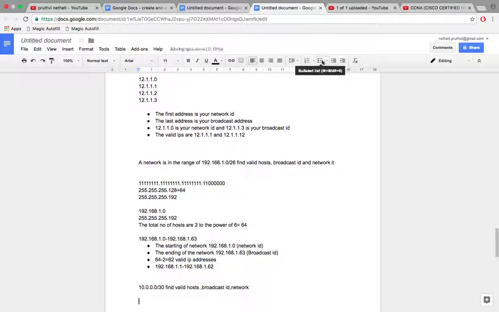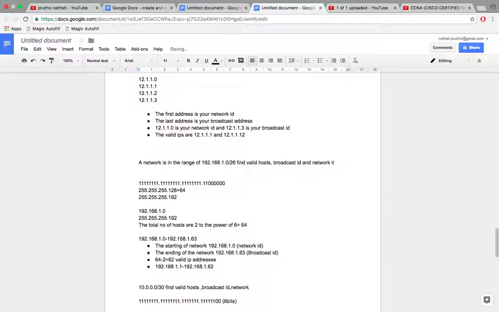The first thing you have to do is represent slash 30: 8 bits, 8 bits, 8 bits, and 6 bits. So 6 bits in the last octet are for your network.